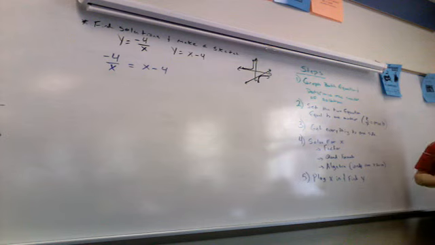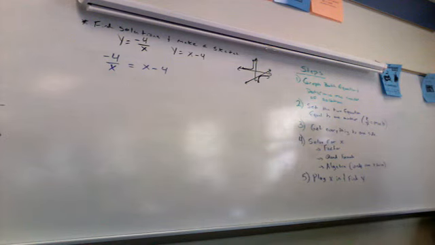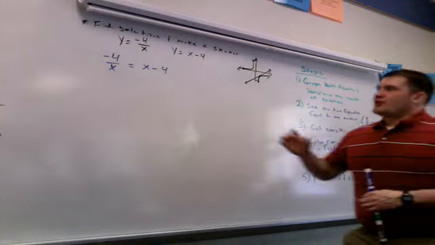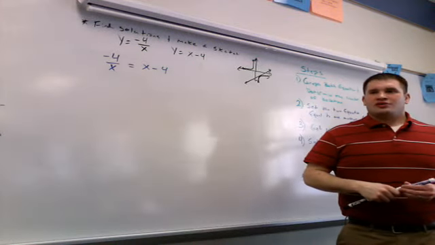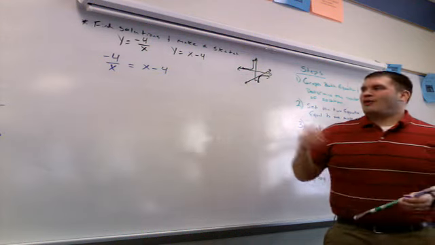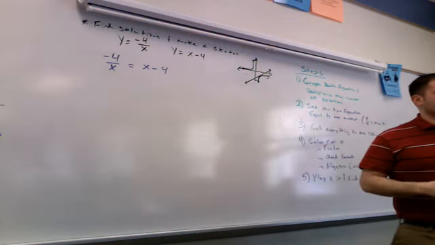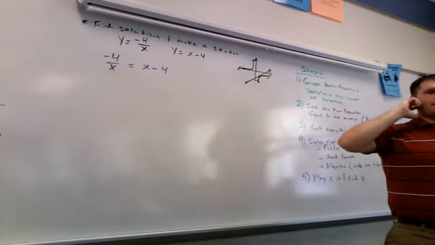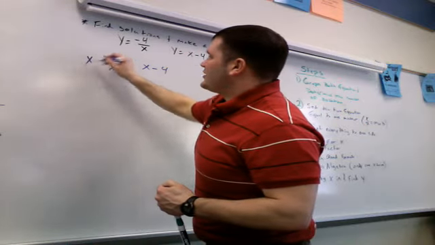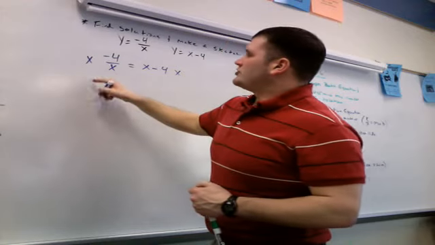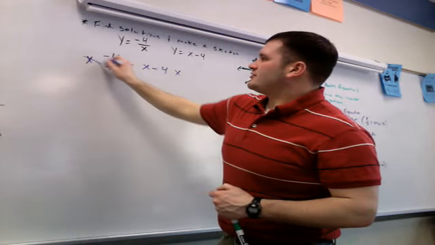Step 3, we're going to get everything to one side. Now, as I move everything to one side, I want to make an equation I'm familiar with. In order to make an equation I'm familiar with, should I keep the x on the bottom or should I get the x off the bottom? X off the bottom. So how do I get the x off the bottom? We multiply by x to get the x off the bottom. So then these two x's cancel.